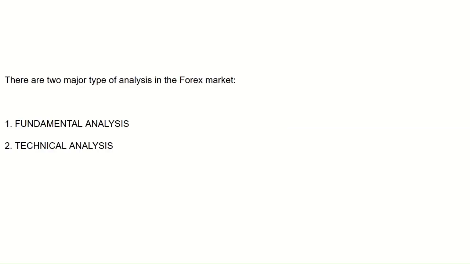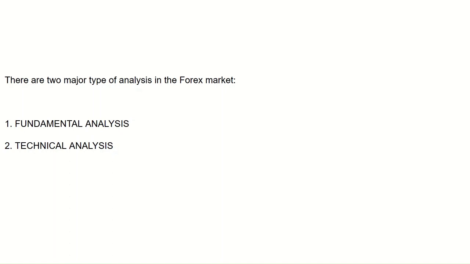Now, analysis. We are getting to the interesting part of this course, analysis. There are two major types of analysis in the Forex market. The first one is fundamental analysis, while the second one is technical analysis. Don't be surprised. Some people might tell you that there are more than two types of analysis in the Forex market.